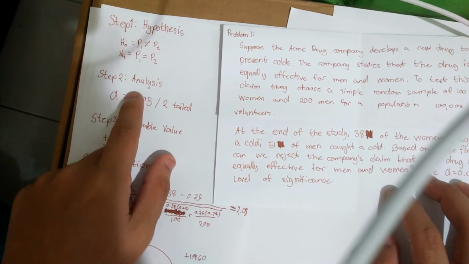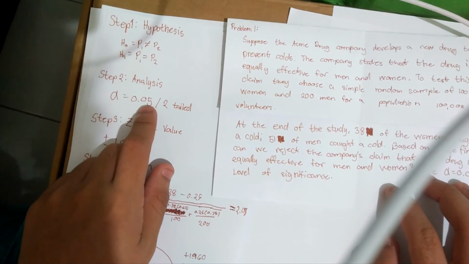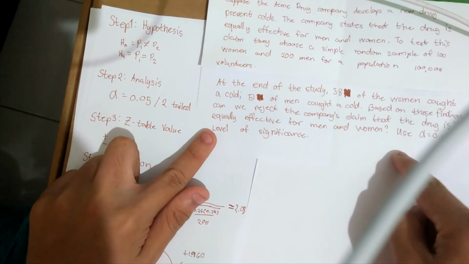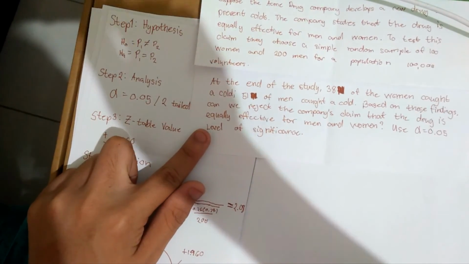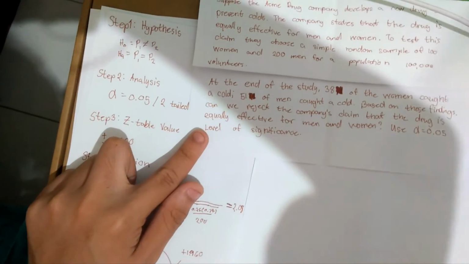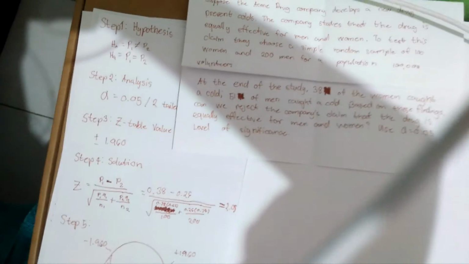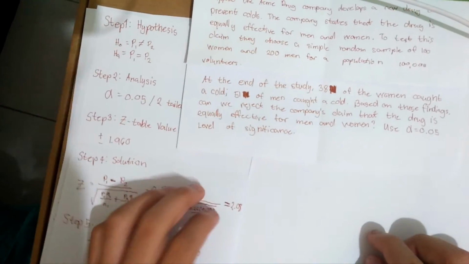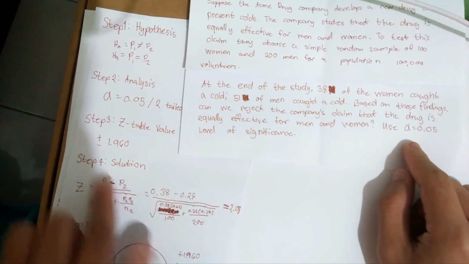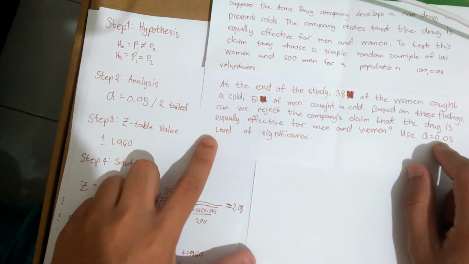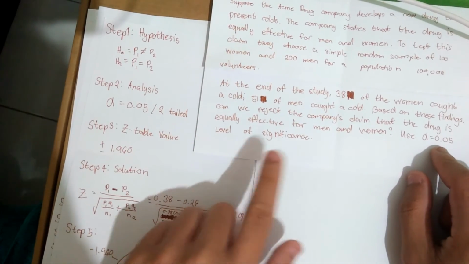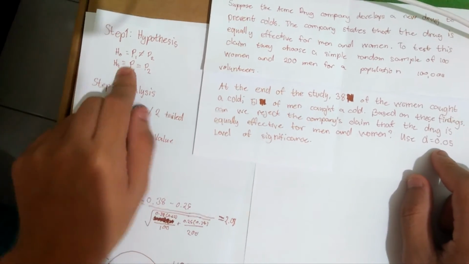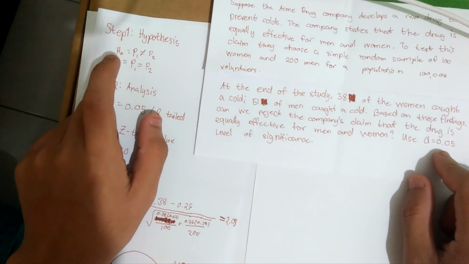Now, in step 2, analysis. It is stated that you should use 0.05 level of significance. It is stated because the hypothesis here is equals.